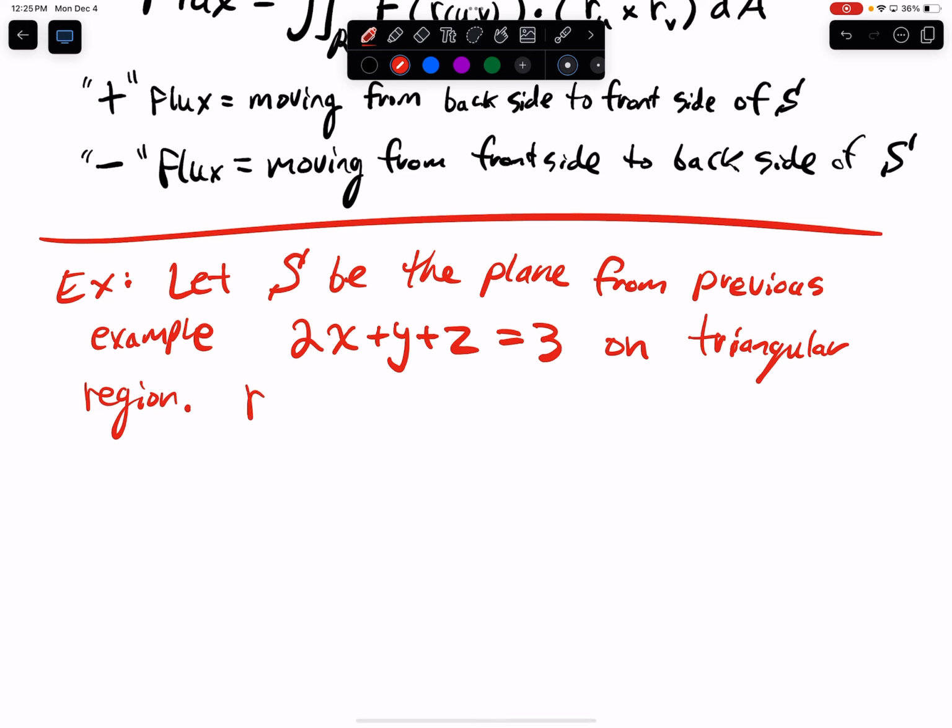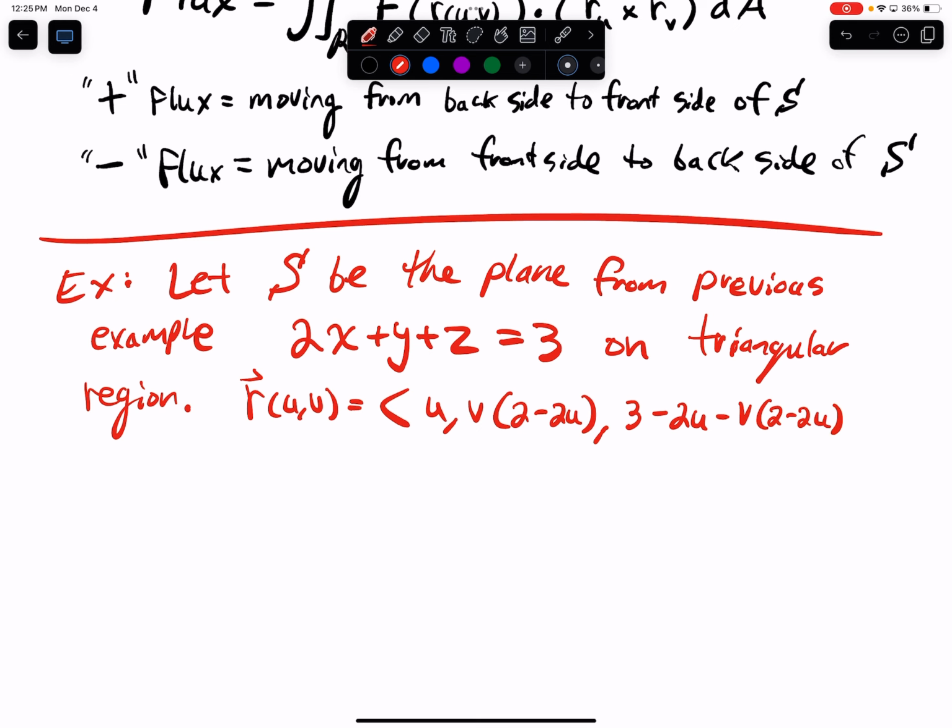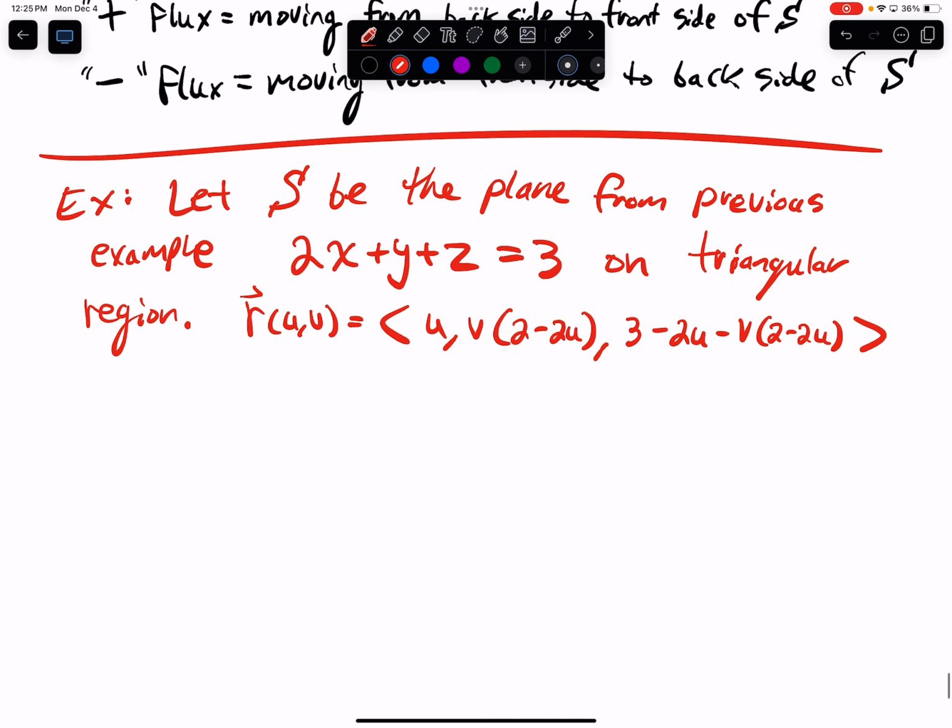So once again, R of u,v was u, v times 2 minus 2u, and then 3 minus 2u minus v times 2 minus 2u, for u from 0 to 1 and v from 0 to 1.